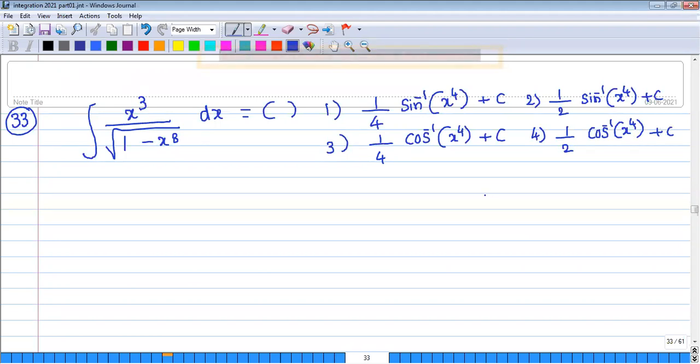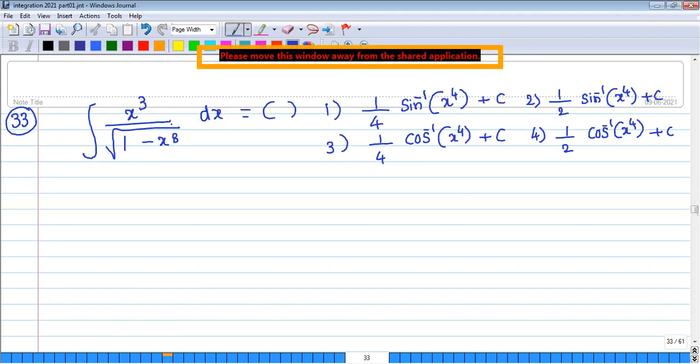So if you go through the options, we have sine inverse of a function of x to the power of 4. That means we need to take x to the power of 4 as t, because x cube is part of the derivative of x to the power of 4. So this x to the power of 8 can be written as x to the power of 4 whole square, so that you will be getting sine inverse of something.